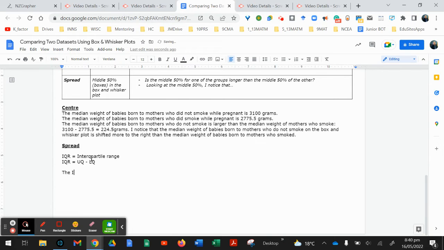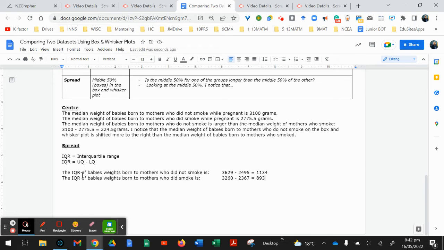So the IQR of babies' weights born to mothers who did not smoke is, I'll quickly do the maths and get back to you. So here we go, I've done my calculations. I hope you fixed that spelling mistake.